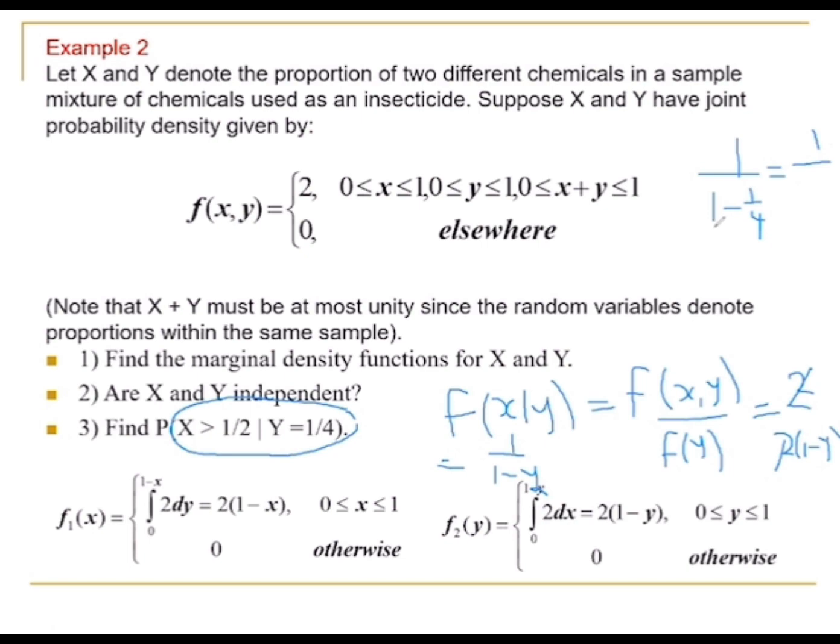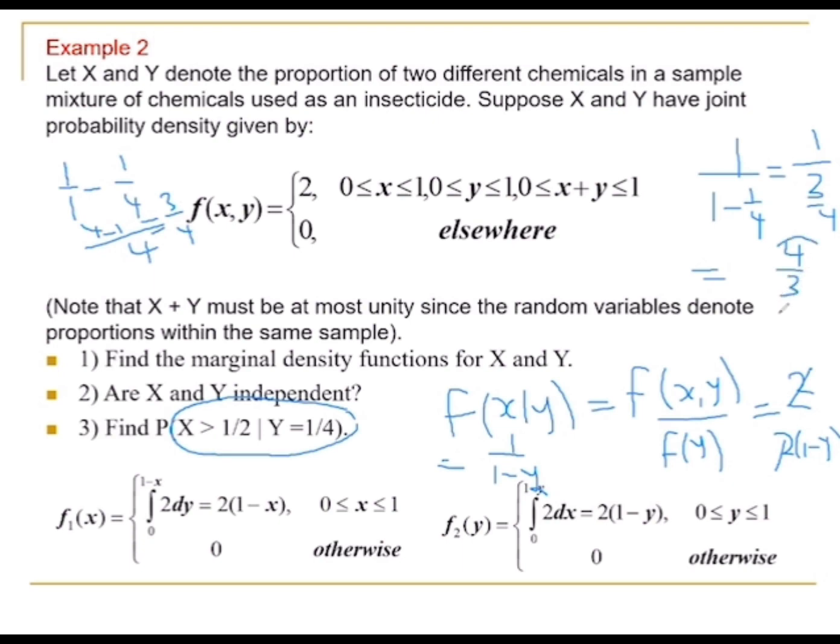Let me see. 1 minus 1 over 4 is basically going to be 4 minus 1 over 4, that's going to be 3 over 4. So I'm going to have 1 over 3 over 4, which is going to be 4 over 3.